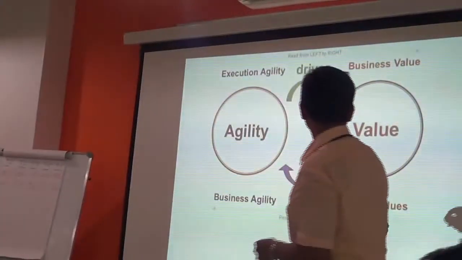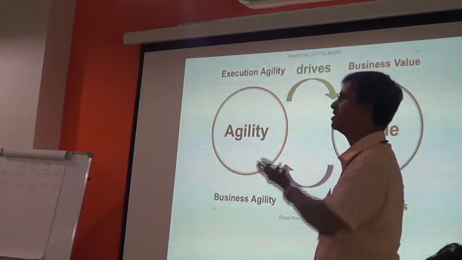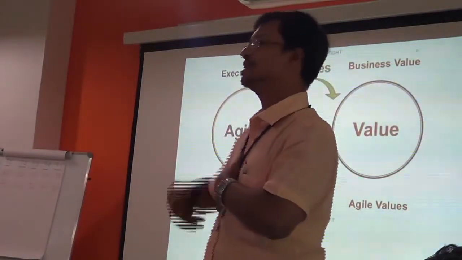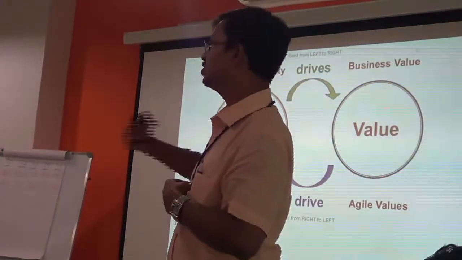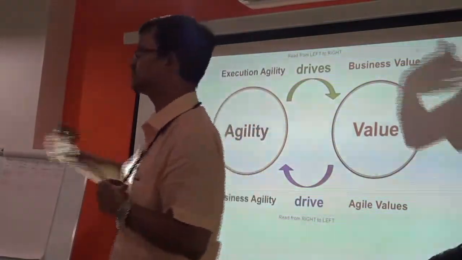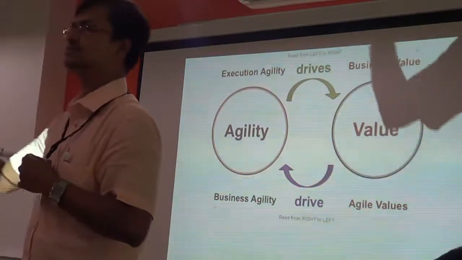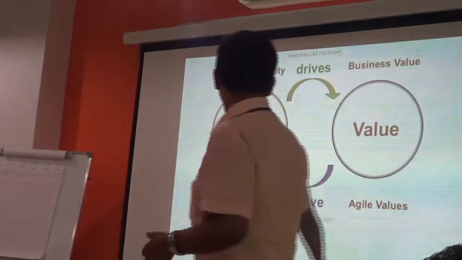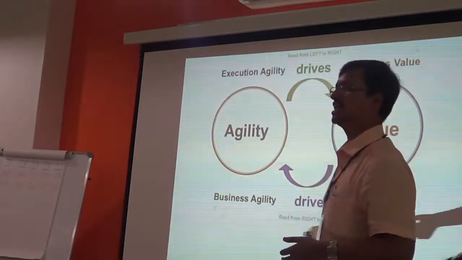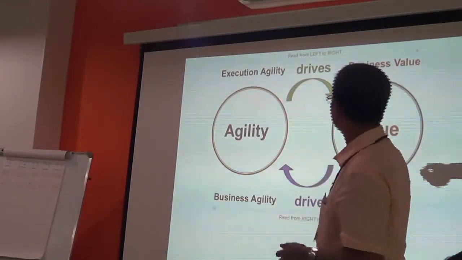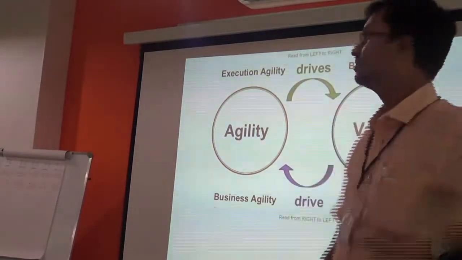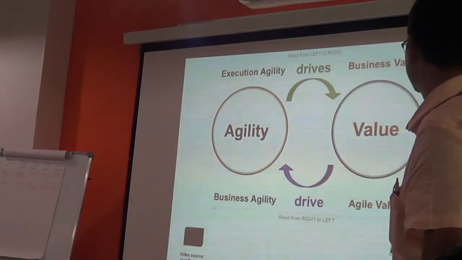And internalizing Agile values is about really understanding them to begin with, and also nurturing them, right? They need to be nurtured, like our value systems are nurtured by our parents when we are growing up. That needs to be nurtured in an organization. That can bring business agility, and execution agility drives business value. So this was the concept I just wanted to demonstrate.